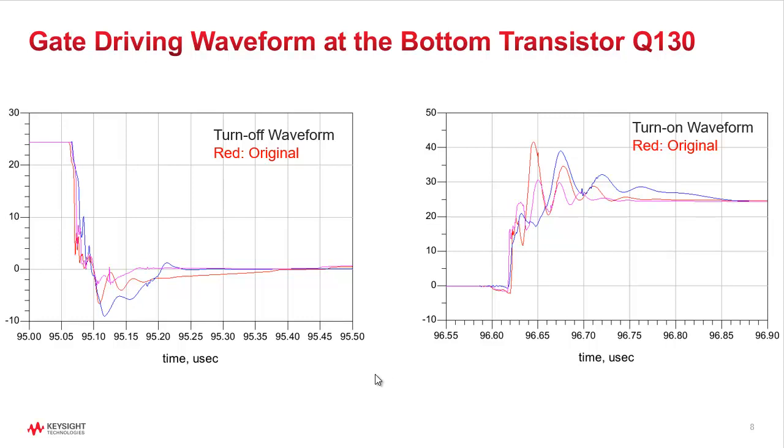So this is a working waveform. This is something we can live with. We want to keep this as close as possible to the original. So let's keep this red trace as kind of our template that we want to not degrade.